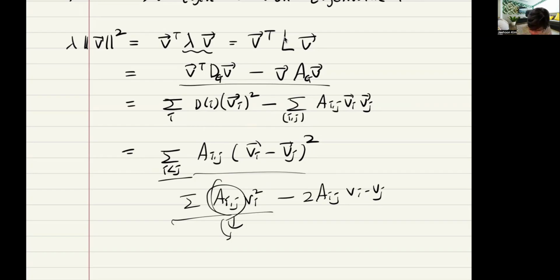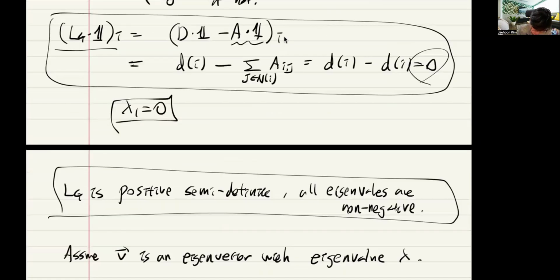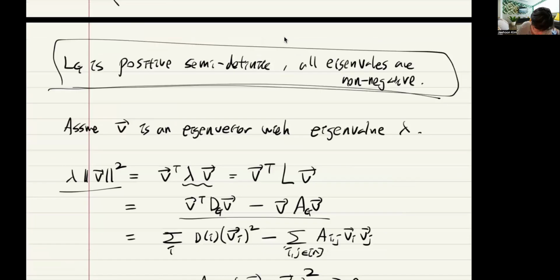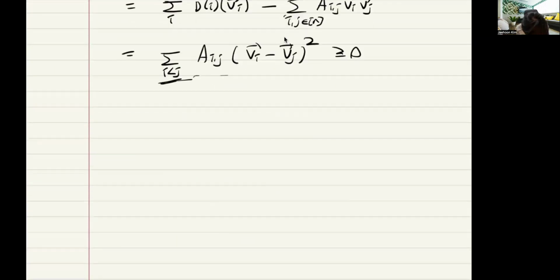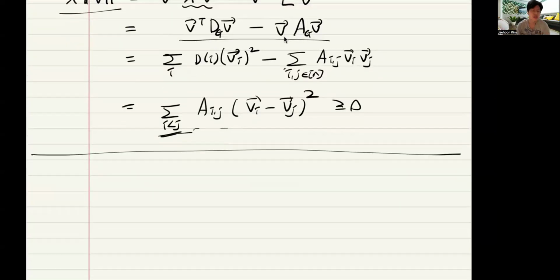Okay, so from that, what you know is this is non-negative. So lambda is non-negative, so it is positive semi-definite, and lambda 1 is 0. Okay, so we have this so far.